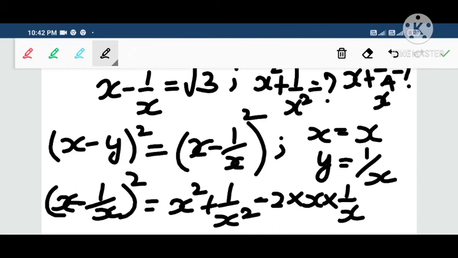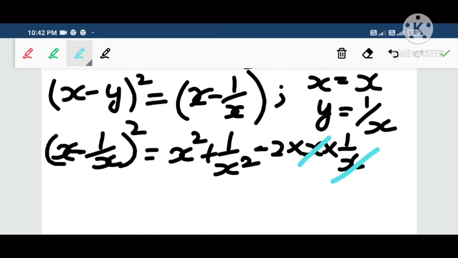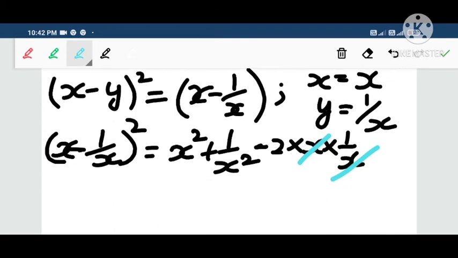As usual, the same method we followed previously, x will get cancelled. So finally you get x square plus 1 by x square minus 2.